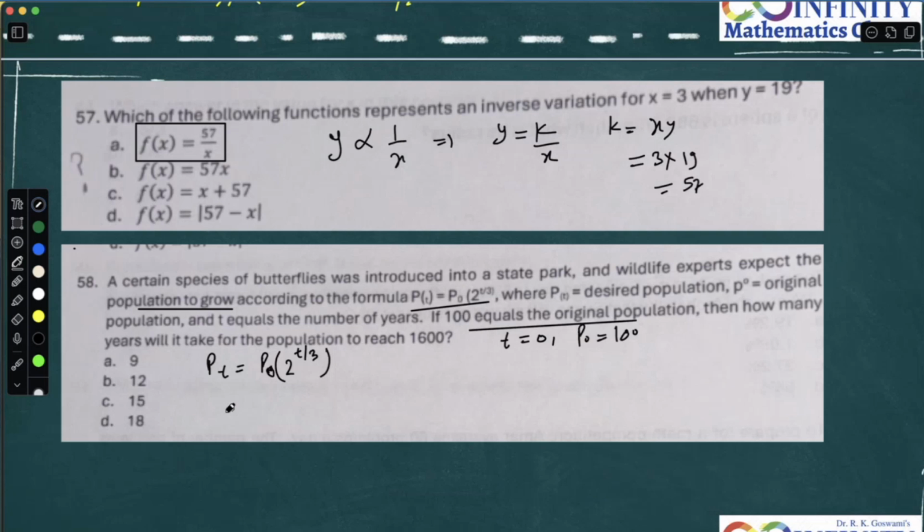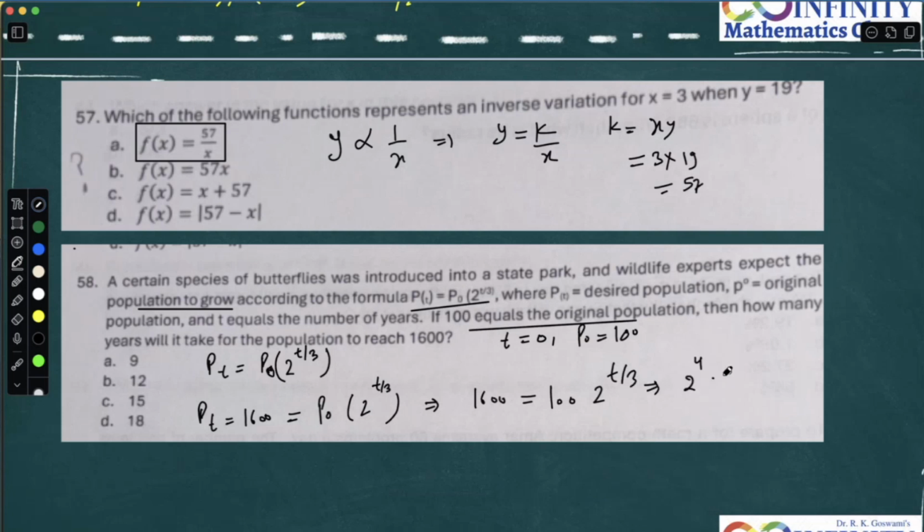That means my P(t) is going to be 1600, and I need to find the value of t there. So technically it's just 16 equals 2 to the power of t by 3.